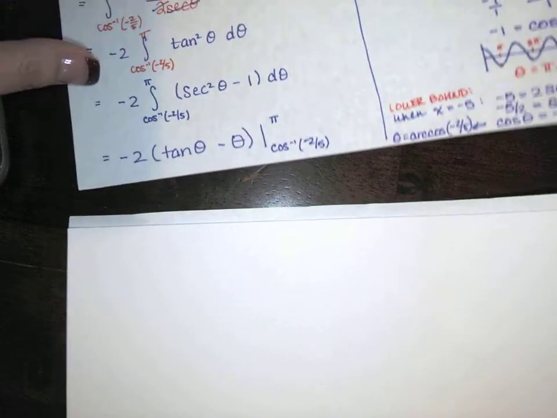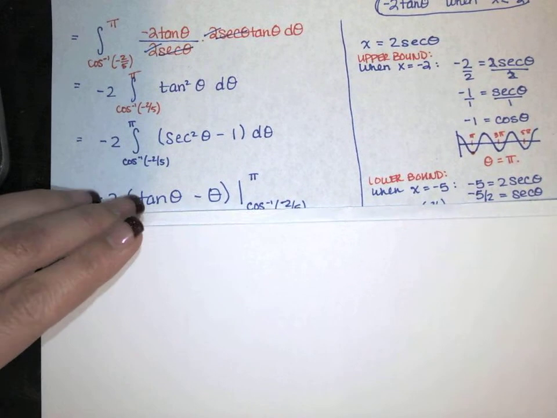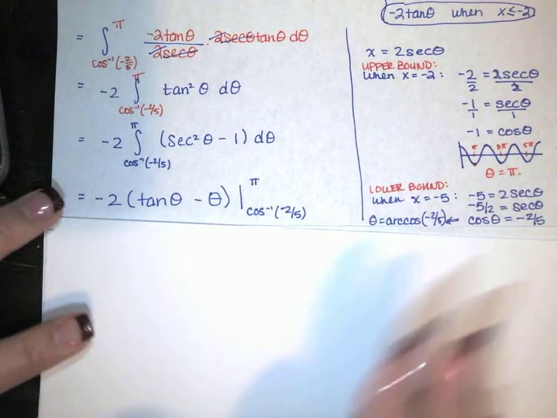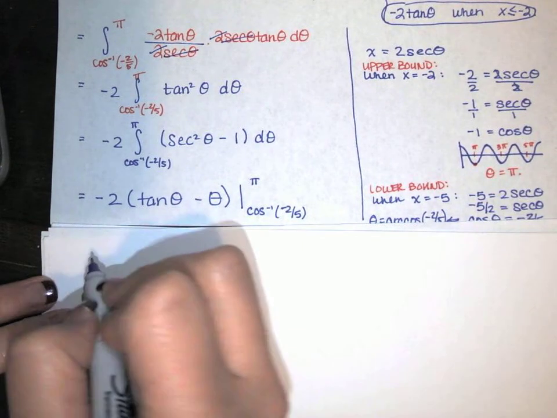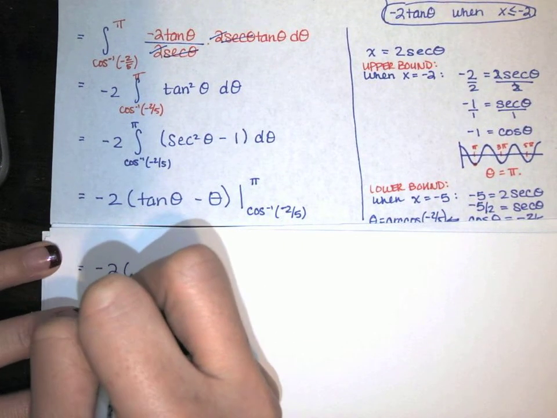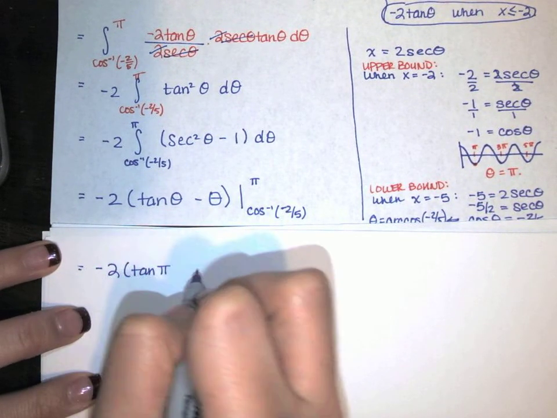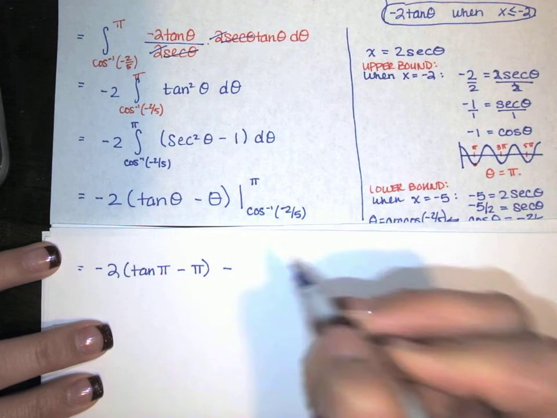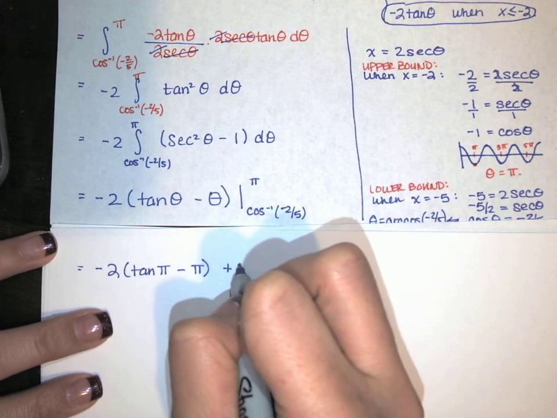So let's see what answer we get this way. Okay. So plug in that upper limit. Substitute in the lower limit and subtract. Subtracting a negative is adding.